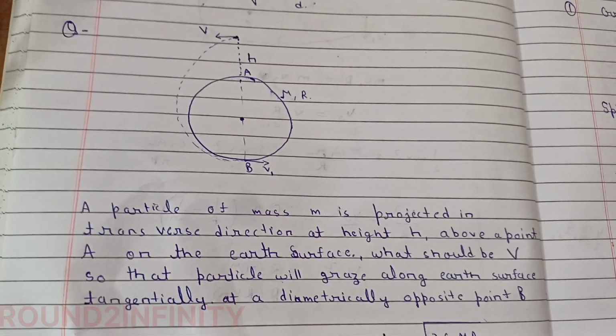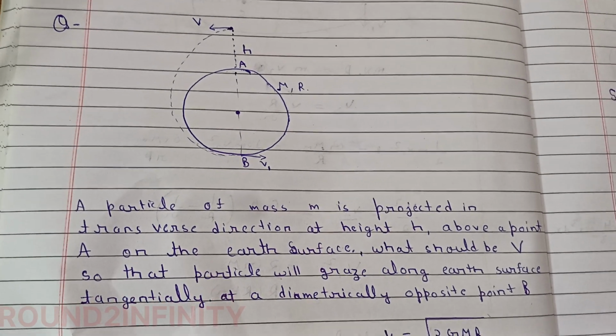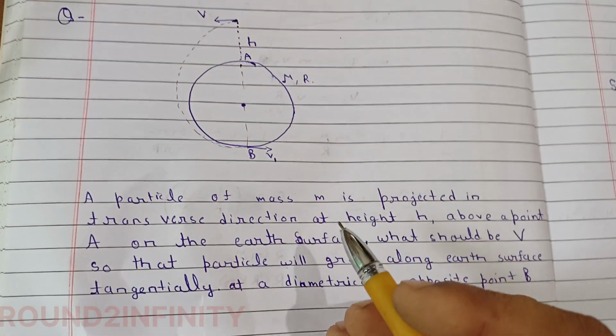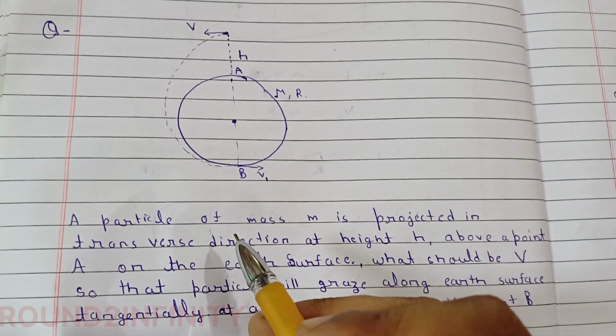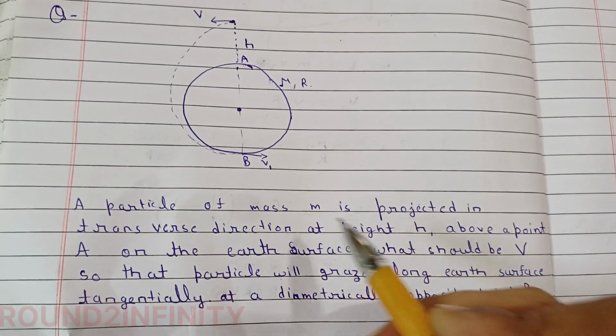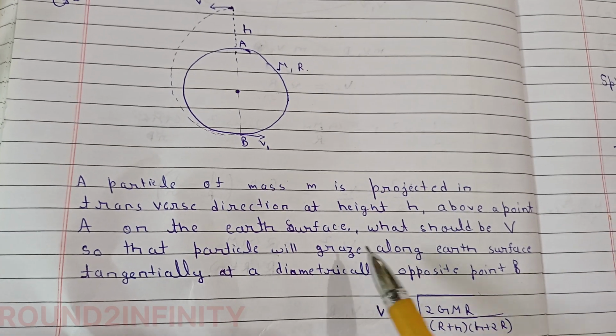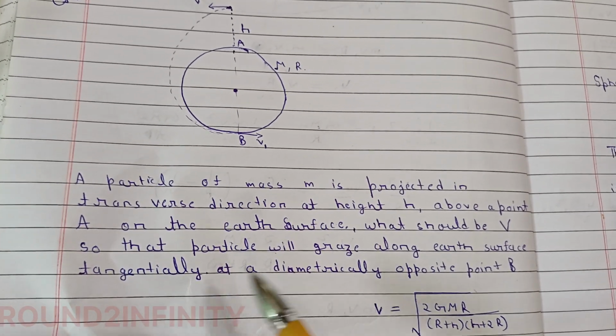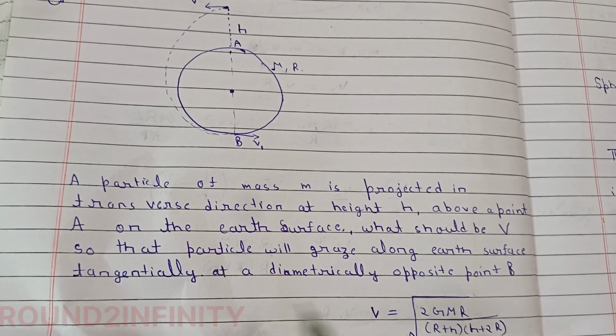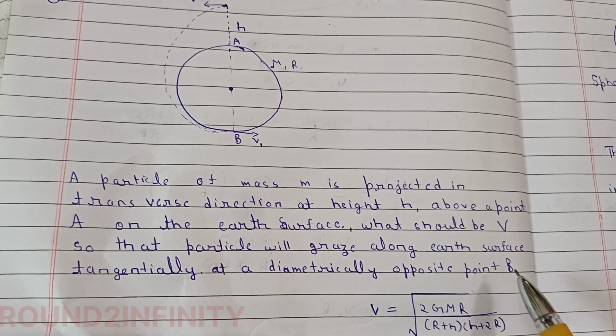Now there is one question, you should try this. In the next lecture I will give you the solution, because this is for your practice. A particle of mass m is projected in a transverse direction at height h above a point A on the earth's surface. What should be v so that the particle will graze along the earth's surface tangentially at a diametrically opposite point B?